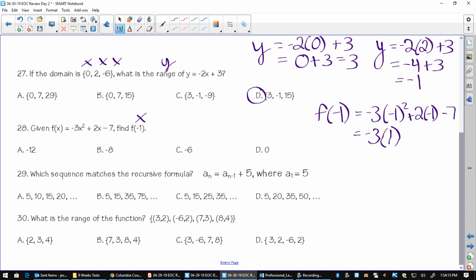So -1 squared would give us +1. 2 times -1 would give us -2. And then I'm just going to bring down -7. -3 times 1 would give us -3. I'm going to bring down -2, -7. And now I'm just going to subtract all these. -3 minus 2 would give me -5. -5 minus 7 would give me -12. So my answer is A.